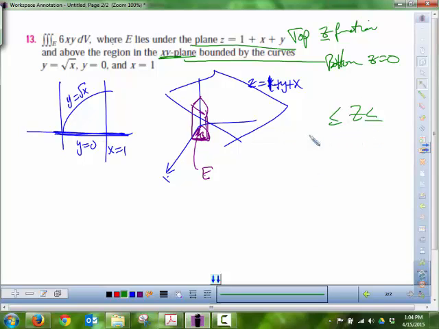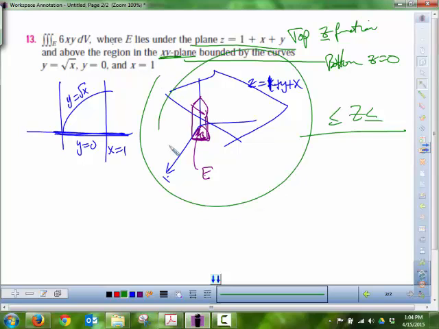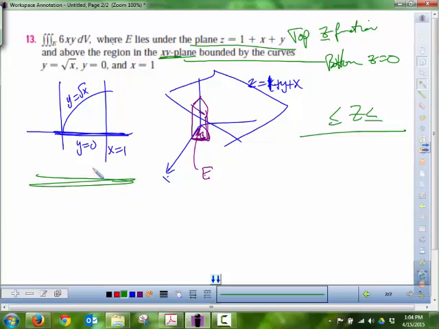And then once you figure out your z limits, you're down to x and y. And what that means is that you can forget about your 3-dimensional picture and look at what happens in your x and y, and then treat it like a double integral. So you still have to be able to draw in 2 dimensions and draw all those functions that you've gotten to know since pre-calculus, and be able to run through the same double integral process that we've had.